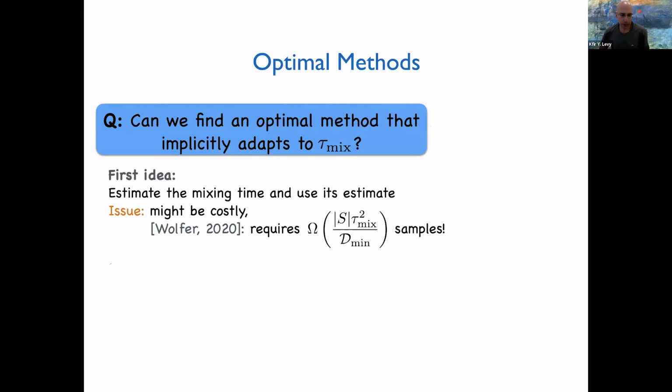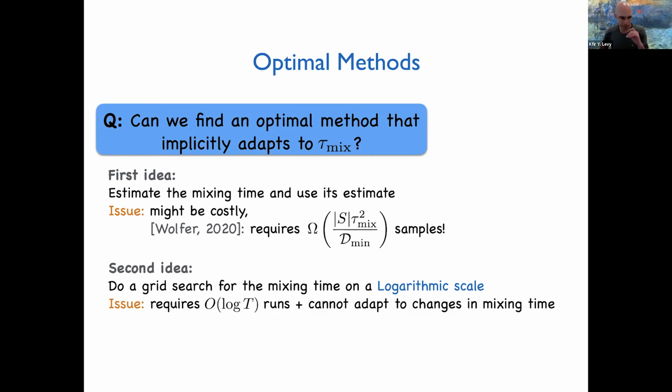One natural idea is to say: okay, let's just estimate the mixing time, and then use this estimate in one of these algorithms. But this is not such a good idea, because estimating the mixing time might be a very computationally hard task, and might be even costlier than doing the optimization process.